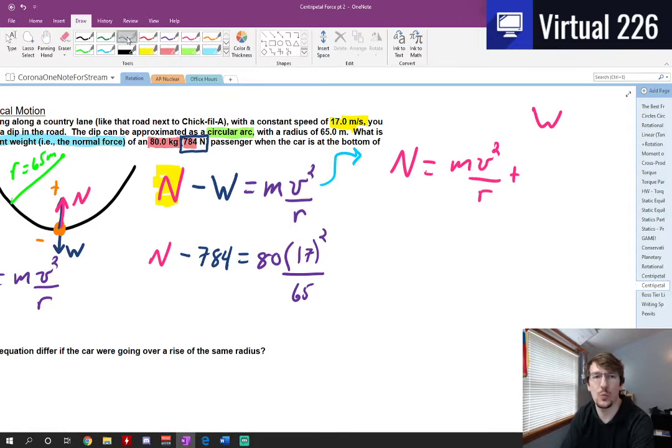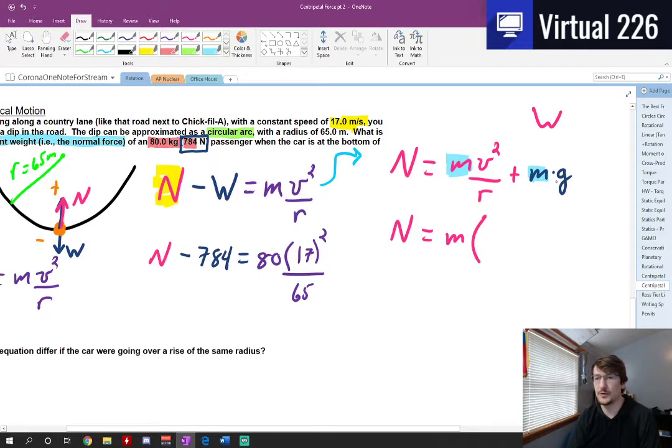And if we remember, weight is equal to mass times gravity. Well, I have a mass and a mass, and those masses are the same thing. It's the 80 kilograms of the person. So I'm going to pull that out. If I factor that out, I see that the normal equals a mass times the quantity of gravity plus v squared over r.